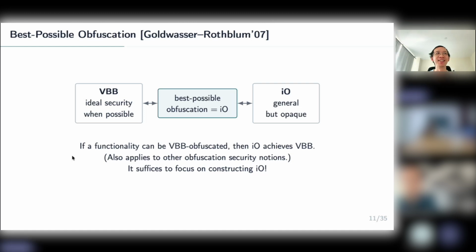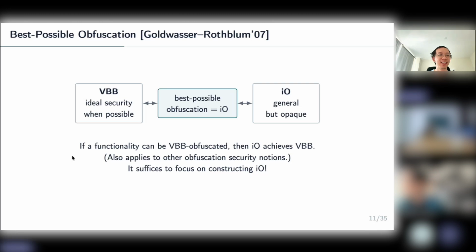No, it's fine. So the way that they define best possible obfuscation, the idea is that if I give you a best possible obfuscation, the view that you get from having this best possible obfuscation should be indistinguishable from some simulator who gets any other obfuscation of the same circuit.